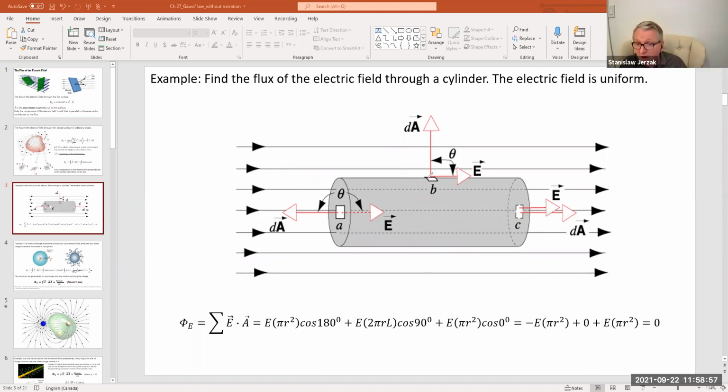And to do that, we have to always take the electric field at every point on that surface, not inside of the surface, but on the surface. So I'm only dealing with the electric field at every point on that cylindrical surface, not inside. There is some electric field inside, but when you calculate the flux, you have to take the electric field at every point on that surface.